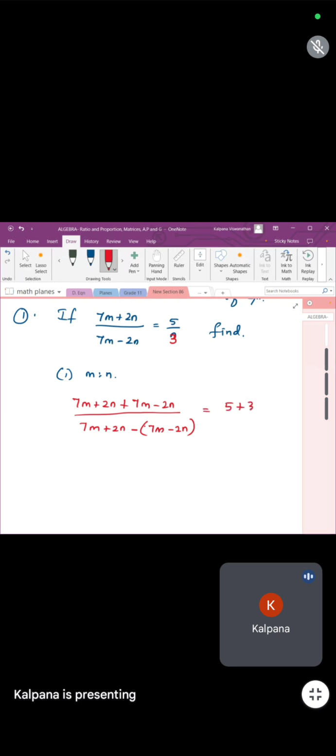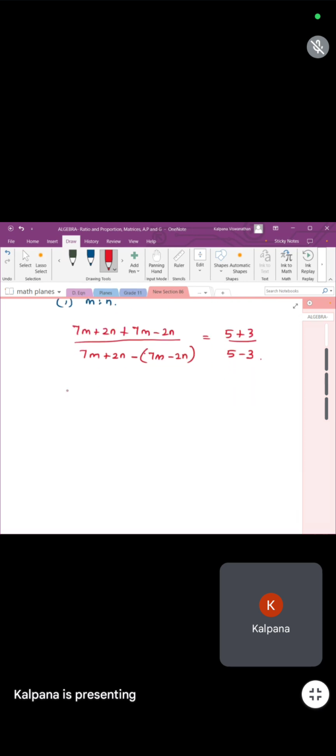So 5 plus 3 by 5 minus 3. When you take the negative sign inside, minus 7m plus 2n, quickly get the answer.